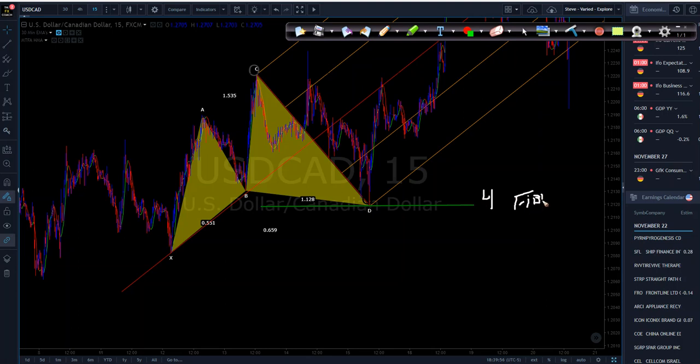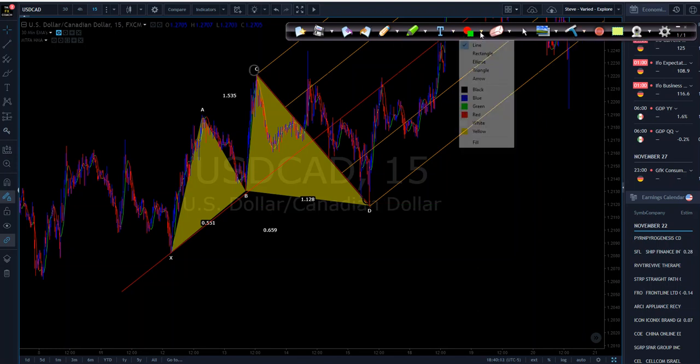That's why it's the most significant swing on the chart. But instead of that being the D line, let's pretend it's a pitchfork line.